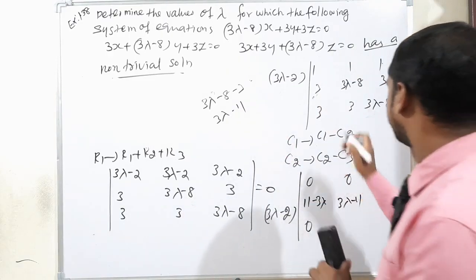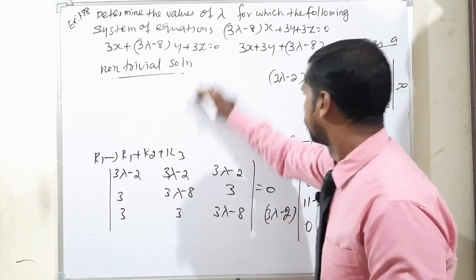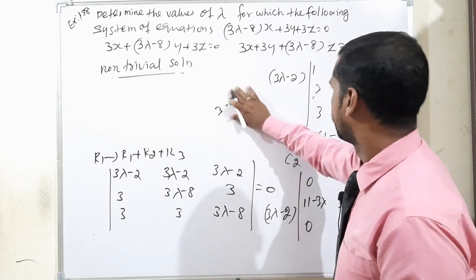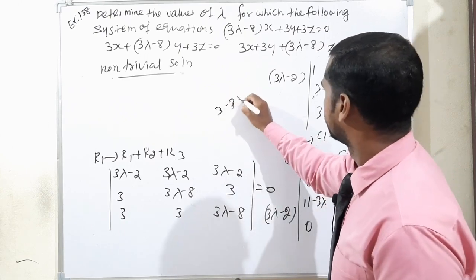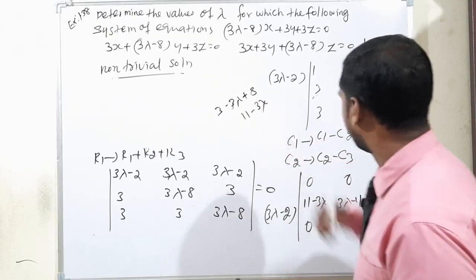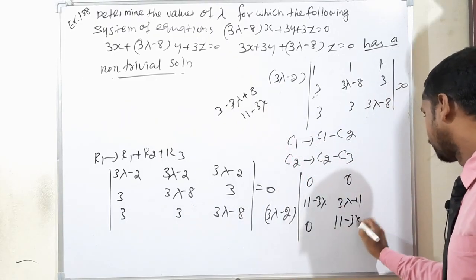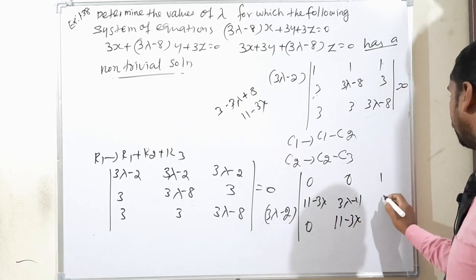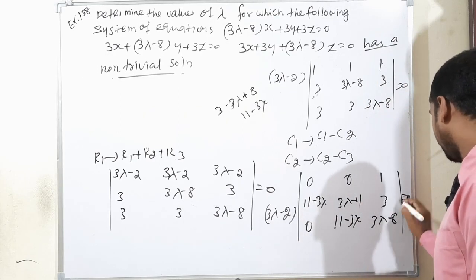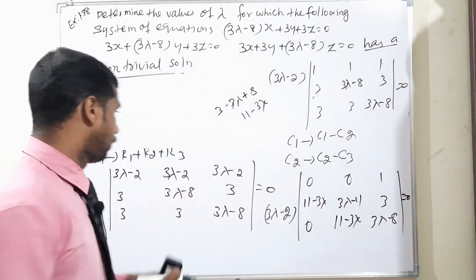Next, 3 minus 3 minus (3 lambda minus 8) means plus 8, so 3 plus 8 is 11 minus 3 lambda. C3 stays as it is: 1, 3, 3 lambda minus 8. Now it will be easy, and this is equal to 0.